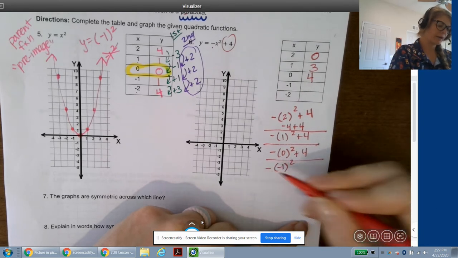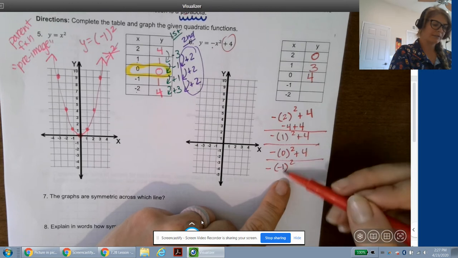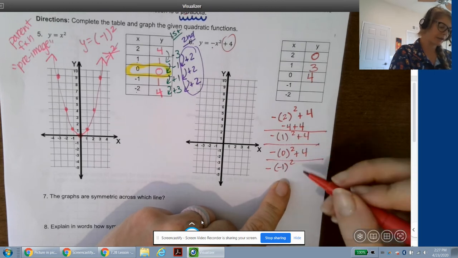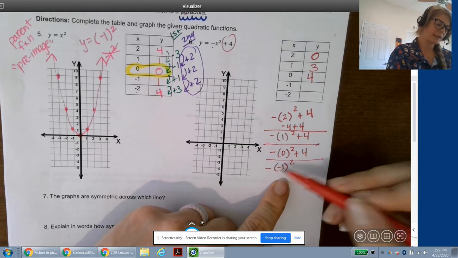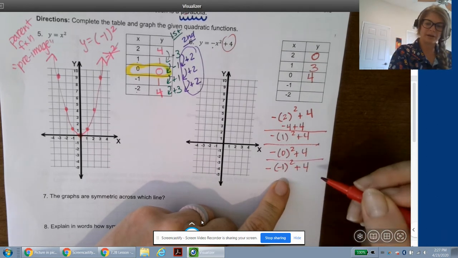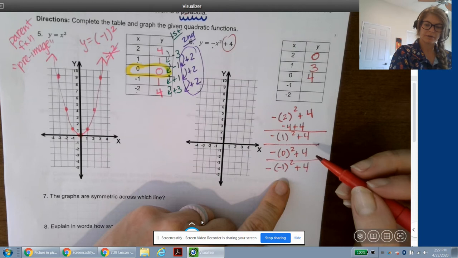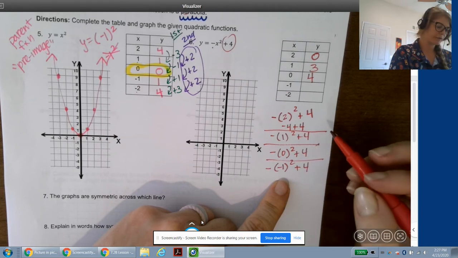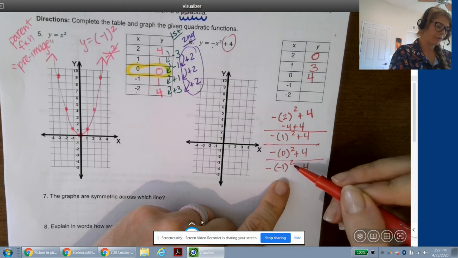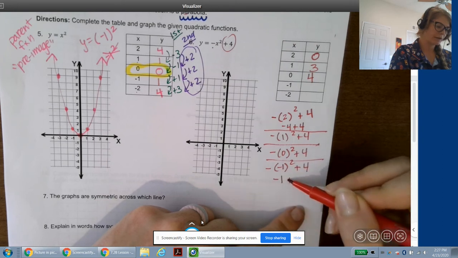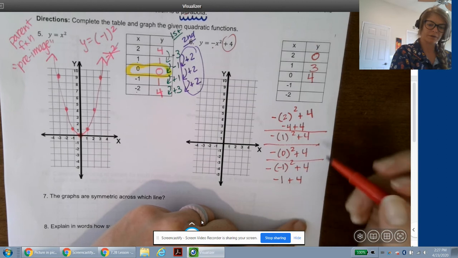-1 squared. Oh, do you think I'll have some symmetry here? Let's find out. -1 squared is 1. The opposite of 1 is -1, and -1 plus 4, 3.